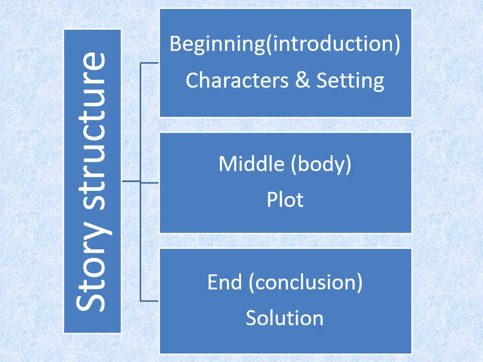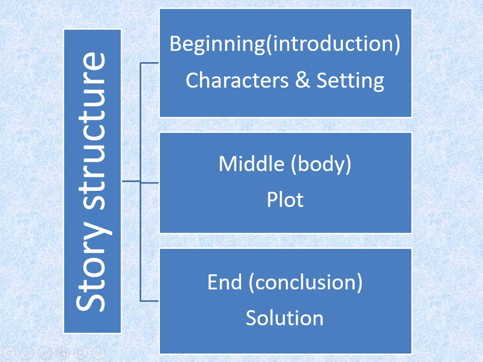Alright, so in every story, you have a series of events. For example, it shows you in the first paragraph of the story where it started. What happened at the beginning?